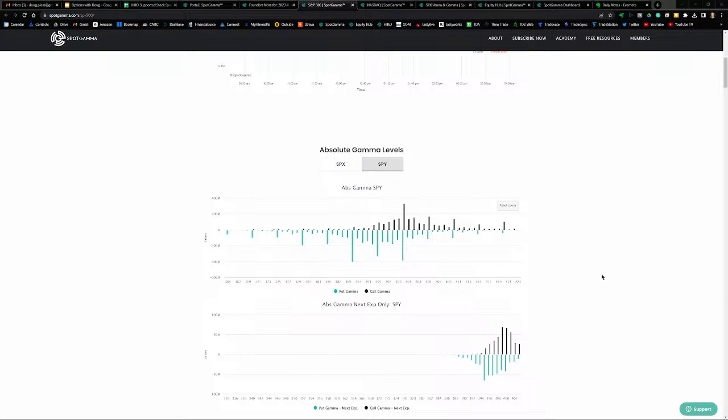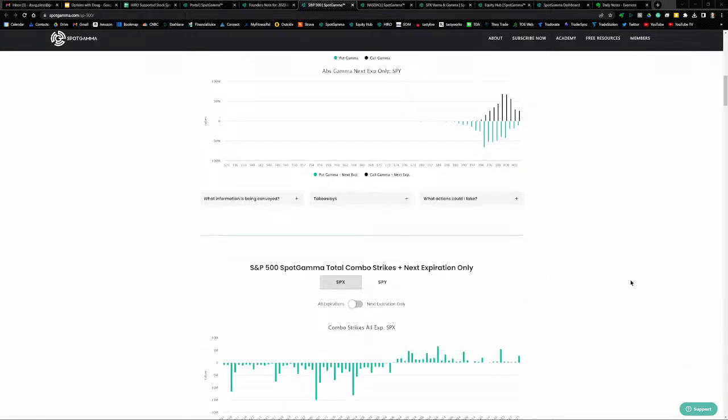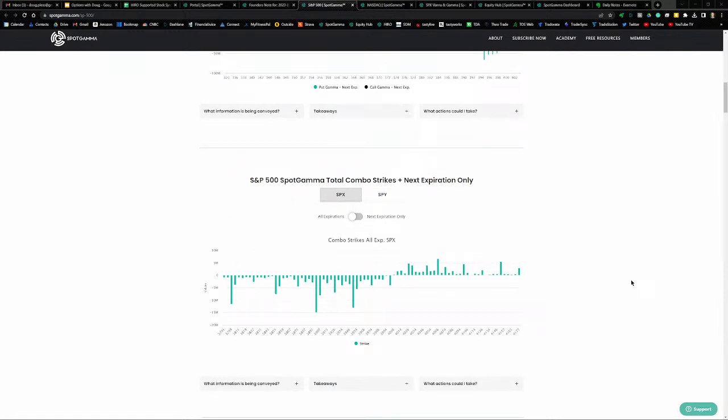Okay, let's take a look while we're on this page. First of all, the combo strikes. This is combining gamma levels for both SPX and SPY, and showing those gamma levels in terms of SPX prices.